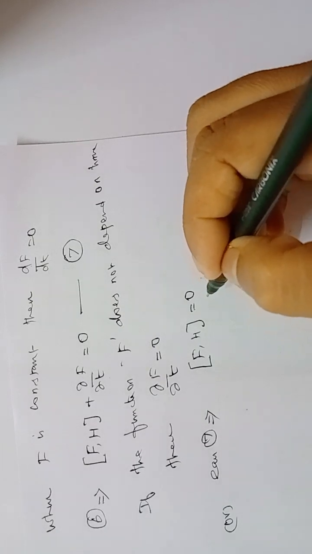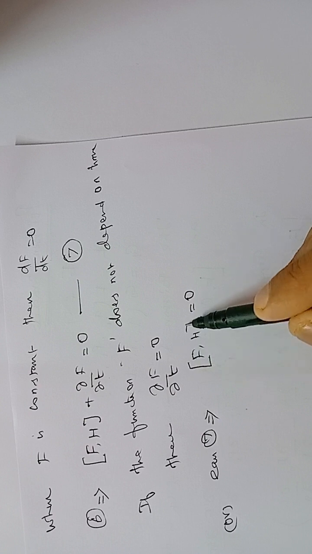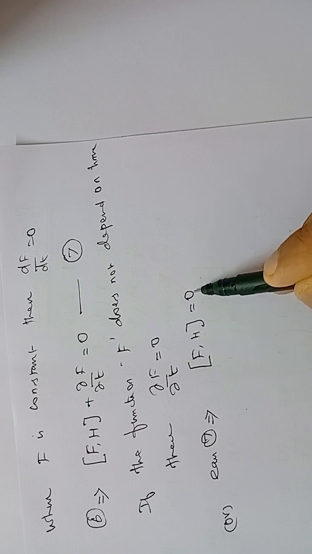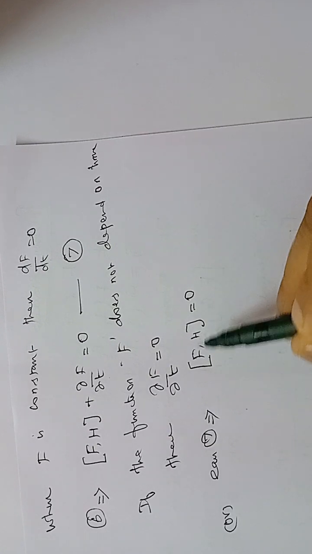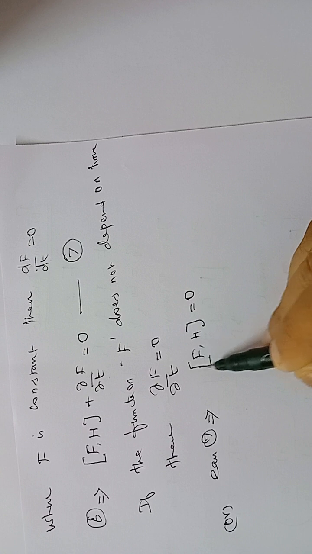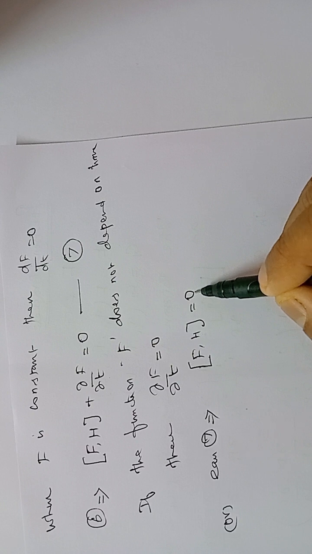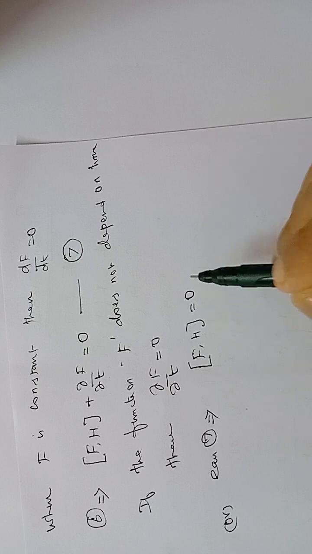From this, we conclude that when a function whose Poisson bracket with the Hamiltonian h vanishes, that is becomes 0, then that function is a constant of motion.